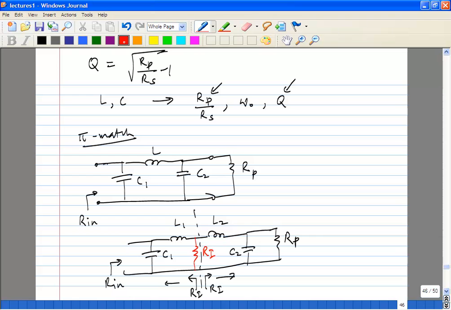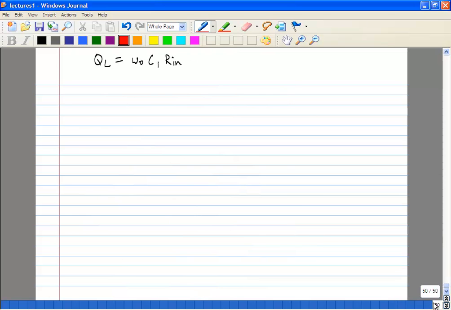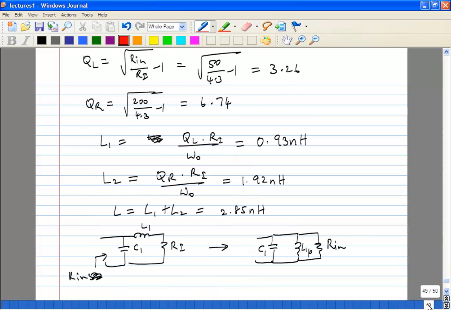Because you have to do the resonance, you convert the series to L1P in parallel with Rn. That's what we are doing right now. So for this side, what is Q? Omega naught L1 over Ri.